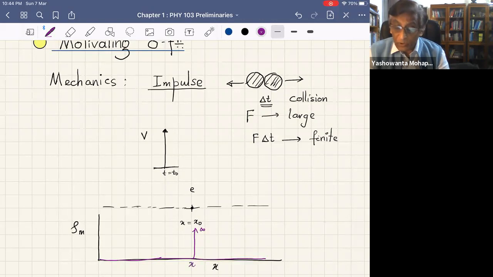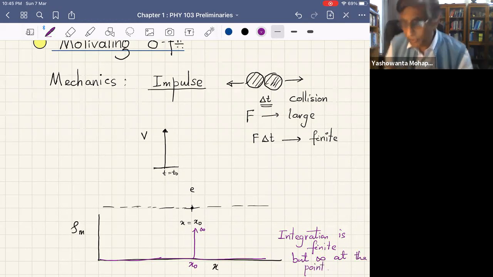So at x naught, the density goes to infinity, but if I integrate it, of course it's a finite mass, 9.11 times 10 to the power minus 31 kg. So the integration is finite, but it's infinity at the point.